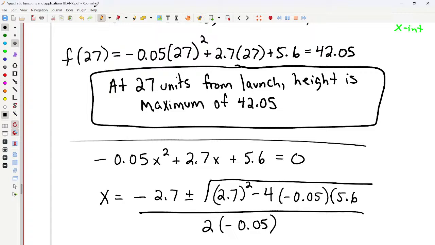Negative 2.7. Again, make sure you use your fraction bar if you have this calculator. It's a lifesaver.